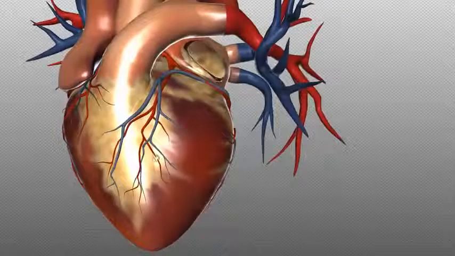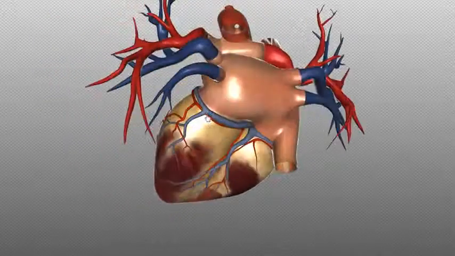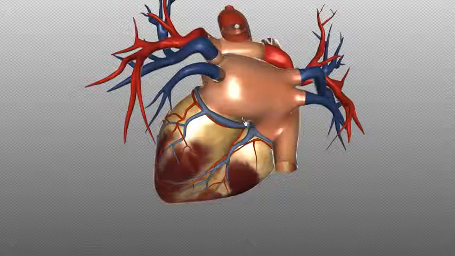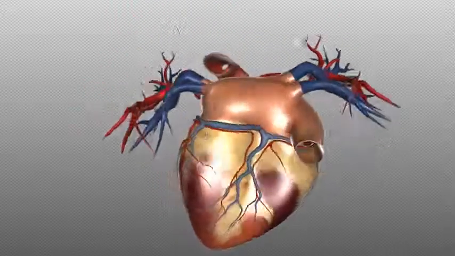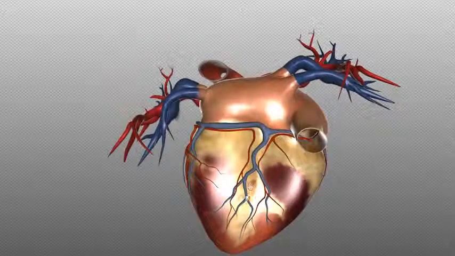So it runs down the anterior interventricular surface, winds round and drains into the coronary sinus. You've got this vein which runs down the posterior interventricular sulcus, and this is called the middle cardiac vein, and this drains into the coronary sinus.